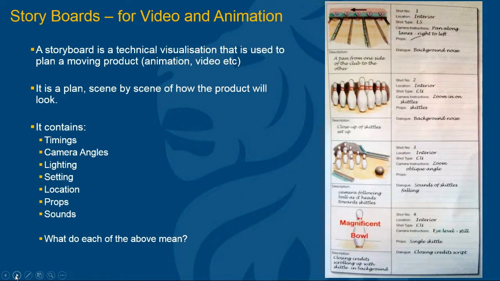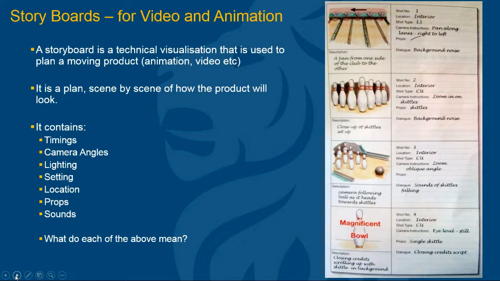It could be looking up, or it could be just at ground level anyway, but it's a low shot. Second shot that they've got there says CU for close up. Obviously, in this instance, you've got some 10 pins from bowling, and you're seeing them from right in front of the 10 pins rather than at the other end of the alley, as it were.